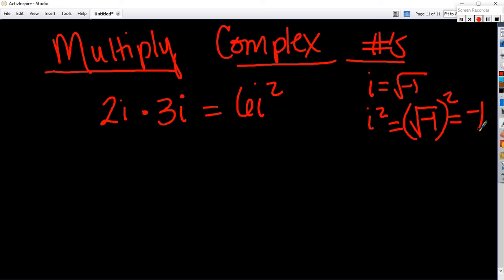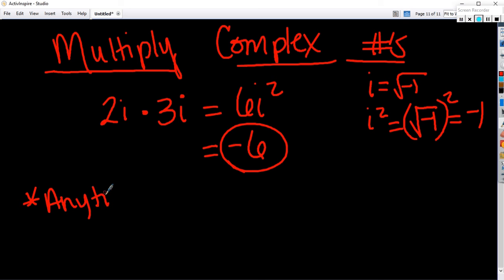Okay. So if I hook i squared to a number, tell me what it does to that number. It multiplies by -1, which switches the sign. So 6i squared becomes -6, and I'm done. Anytime you see i squared, we do have i's, but when we start multiplying, we'll start getting i squareds.